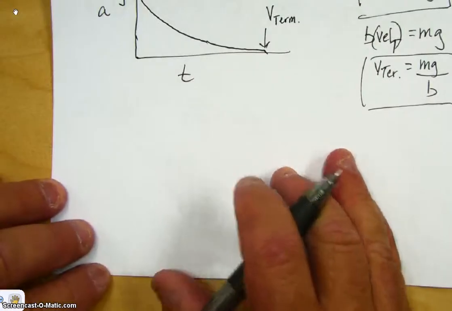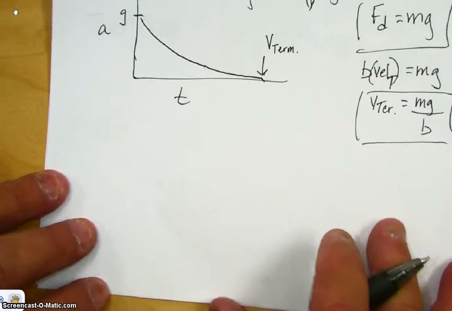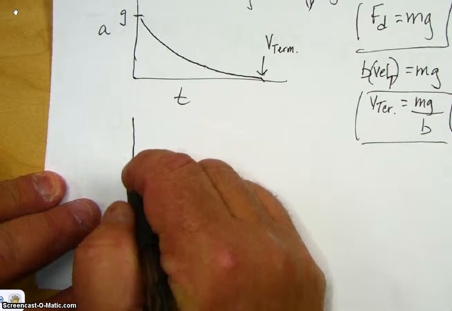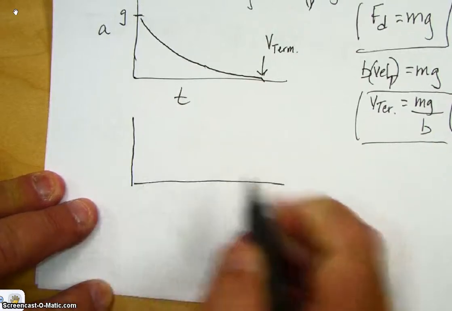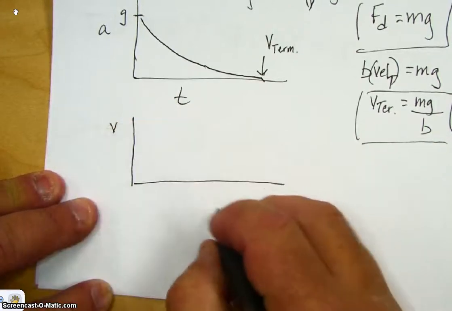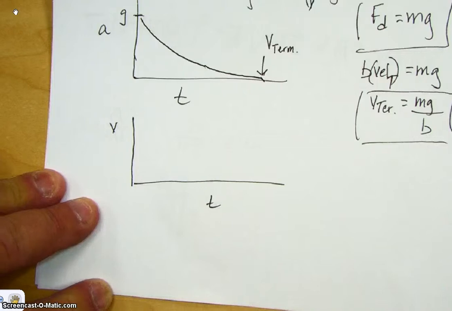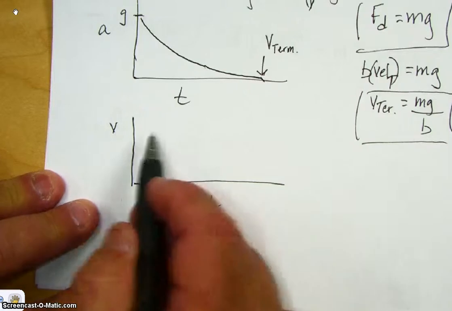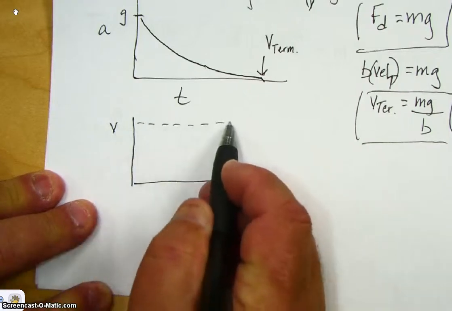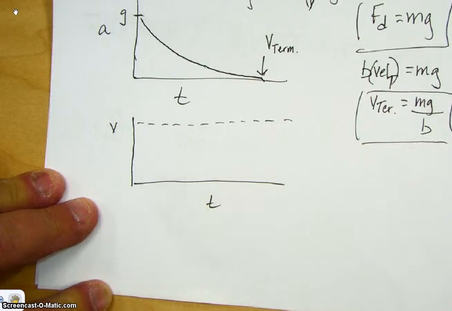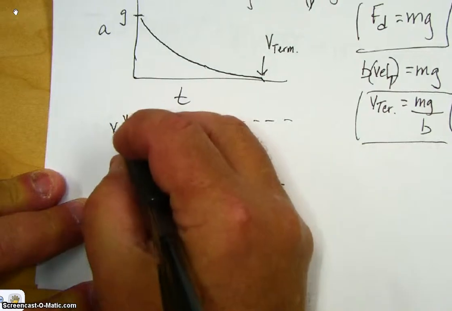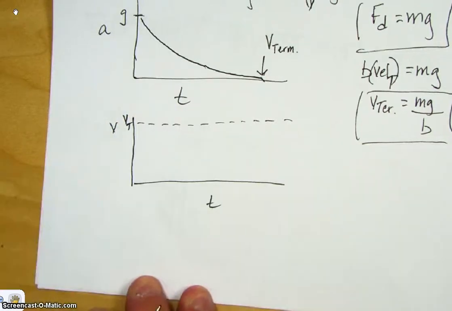Okay, let's take a look. Well, if we have an acceleration time graph, let's look at velocity time, because that simply makes sense. We've talked about these graphs a lot, and we know that there's some upper limit to how fast you go, and that upper limit is going to be vt. So that's kind of a dotted line.